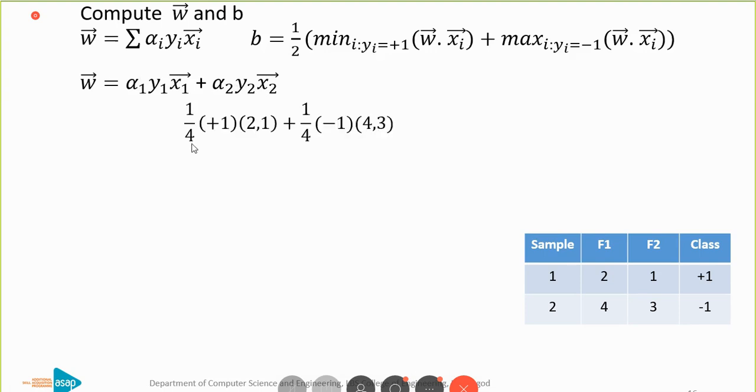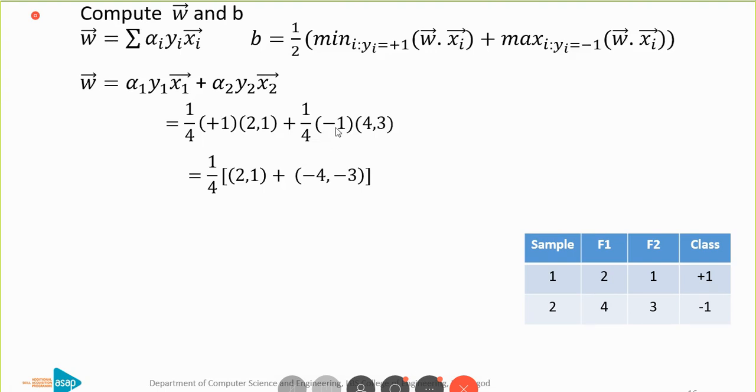We substitute 1 by 4 into plus 1, since y1 is plus 1, and y2 is minus 1. And x1 is a vector, x2 is a vector, so it will be a simple vector addition. You'll be getting 1 by 4. Multiplying plus 1 to this vector, it remains the same.